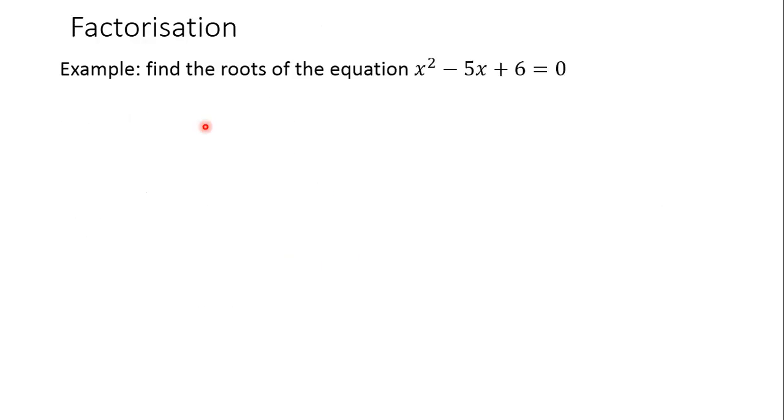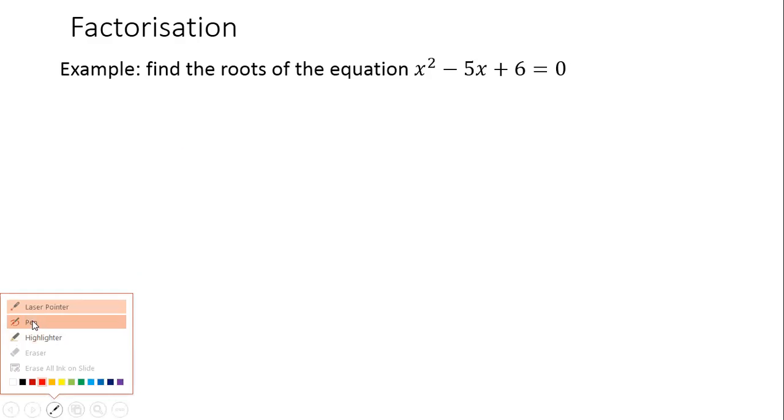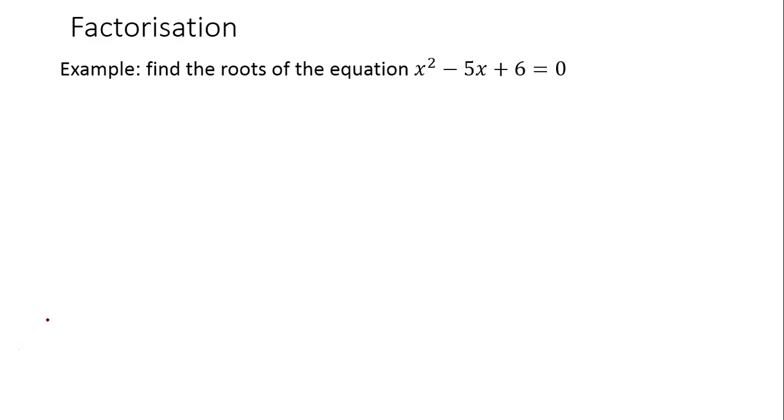So beginning with factorization, we are saying find the roots of the equation x squared minus 5x plus 6 equaling 0. So what is done, this has a coefficient of 1, so we get the factors of 1 times 6.